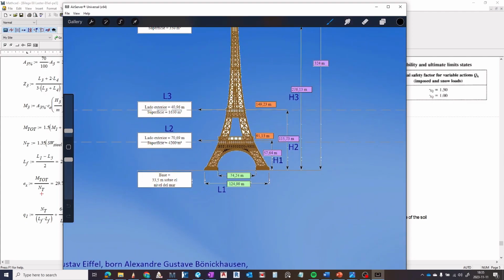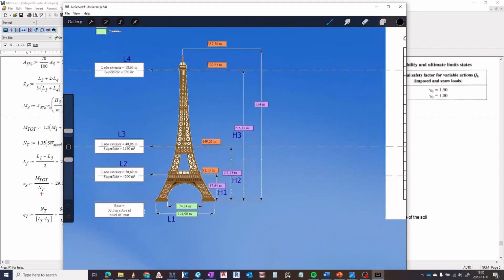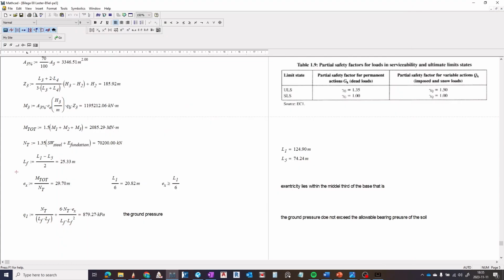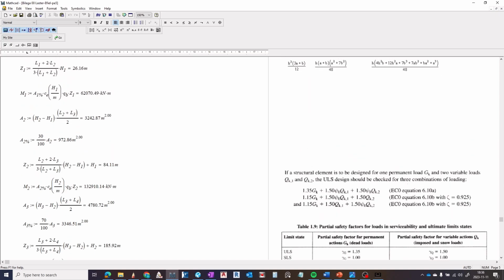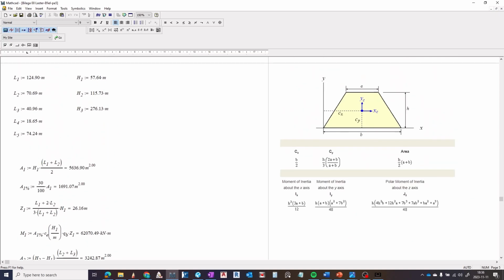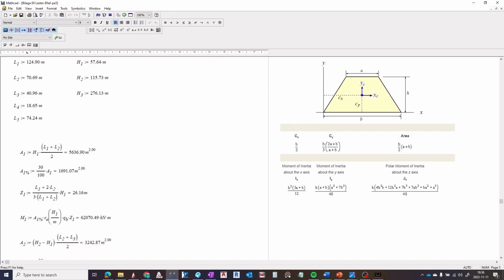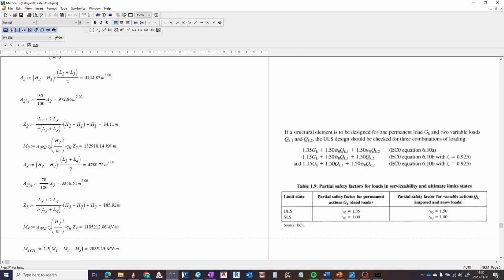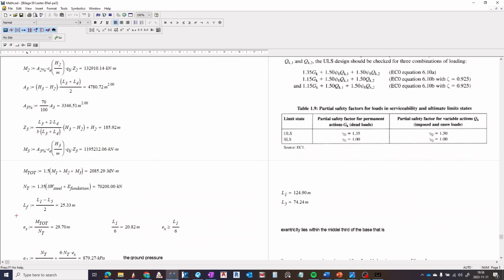I haven't put L5 here, but L5 here is 74.24 meters. So in that way, you get a total area only for one leg.